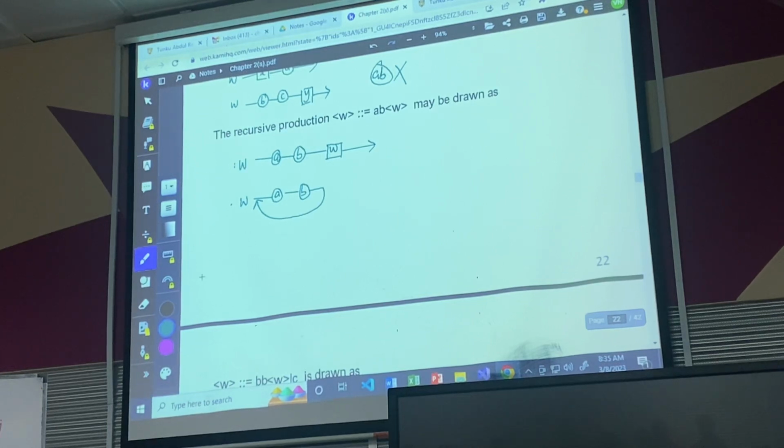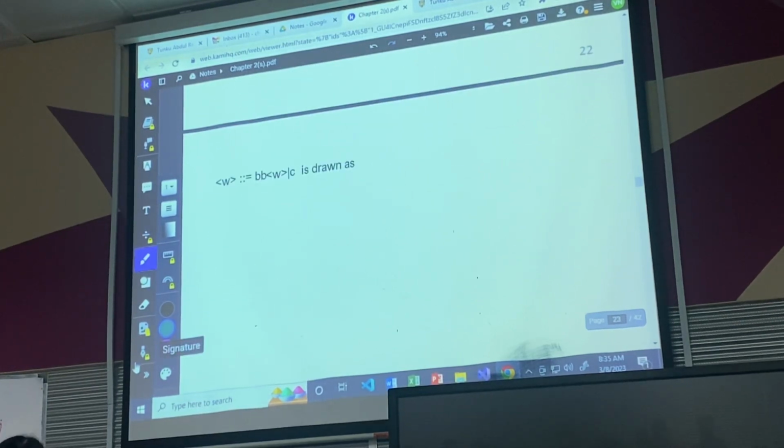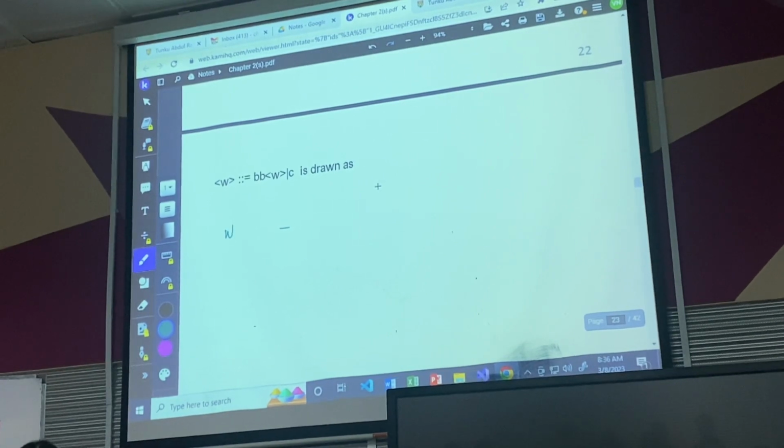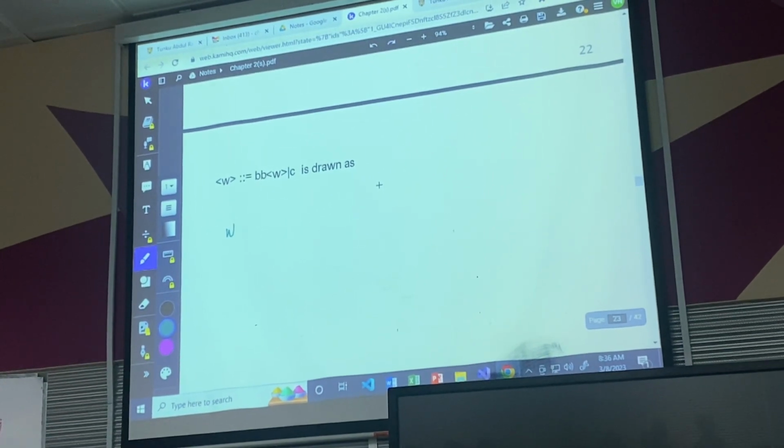Okay, next one. This one. W substitutes with B, B, W, or C. Straightforward, right? But it depends on how you draw also. You have many ways to draw. The simplest one is just to separate two diagrams.